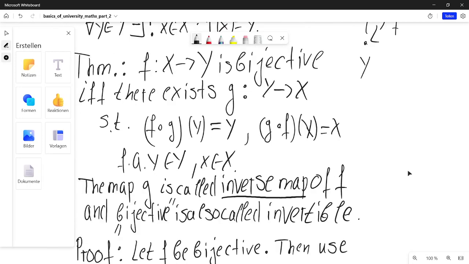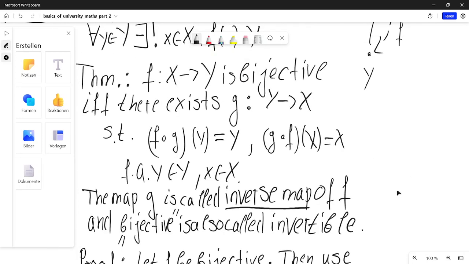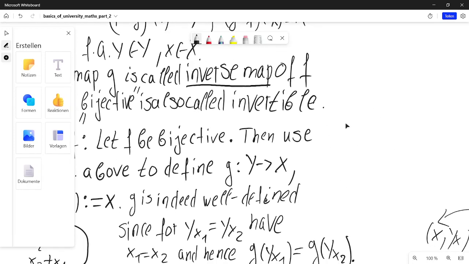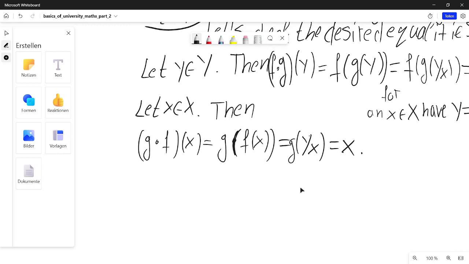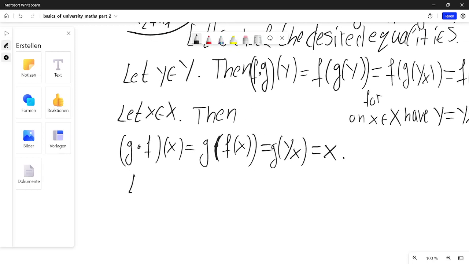Okay, let's say there already exists such a g, then we have to show that f is bijective, right? Alright. Let there now be g satisfying the equalities.